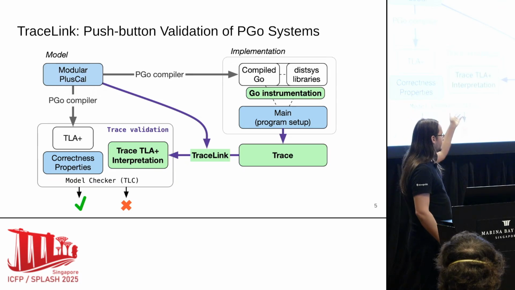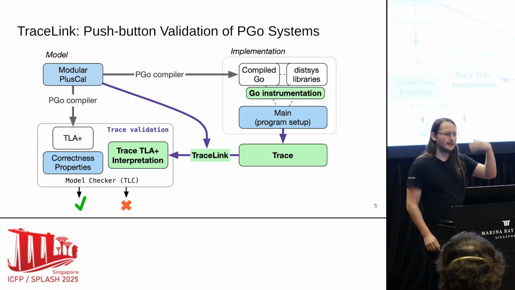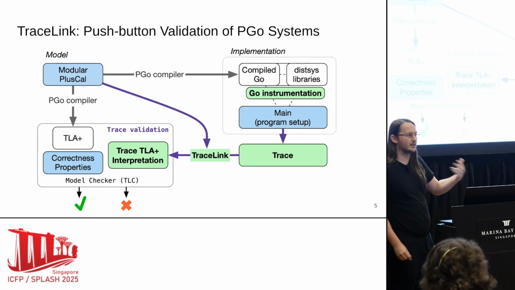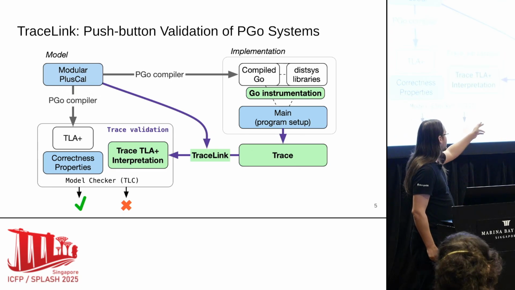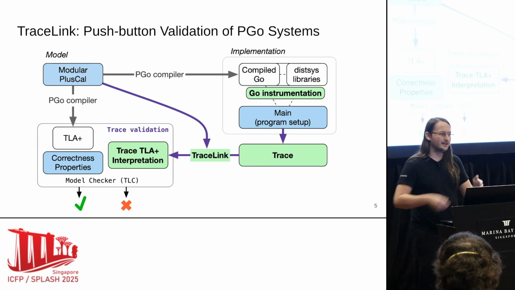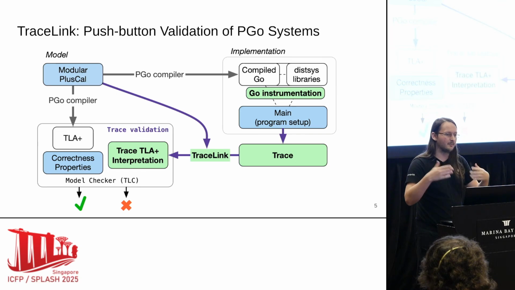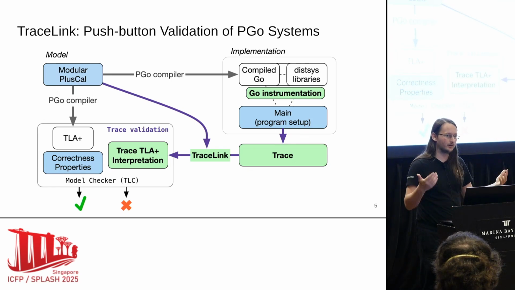So we have Go instrumentation, which inserts itself into the implementation code and records a very detailed trace of what happened. And then we have the TraceLink process, which takes the trace and metadata from the specification to generate a complete relationship mapping the trace onto the formal specification, which we may then model check using an out-of-the-box model checker for TLA Plus.